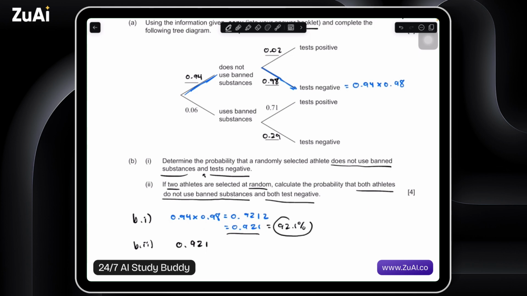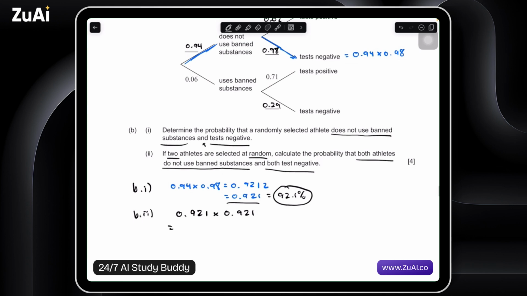That's 92.1% of our population. And if we were to go out and select another individual and ask, well, how often does this occur? Well, again, that would be 92%. So 0.921 times 0.921. And I'm going to work that out here. This is going to give us 0.848241, or 0.848.